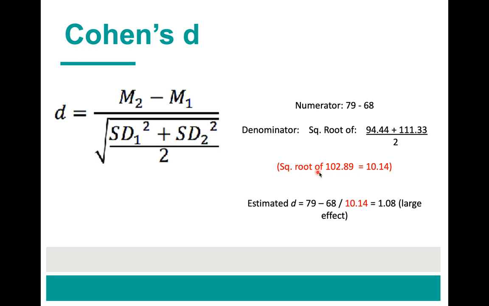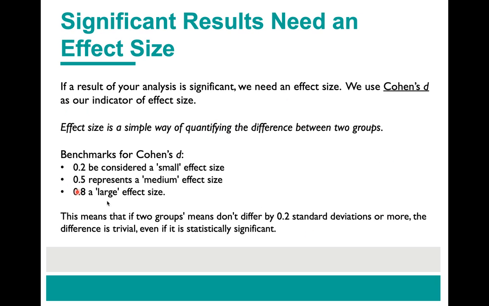The square root of 102.89 is 10.14. We take 10.14, that's our denominator. So we say our mean difference, 79 minus 68, divided by 10.14 equals a Cohen's d of 1.08. This is a large effect.